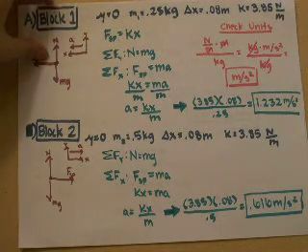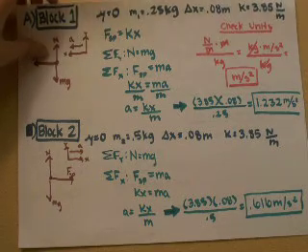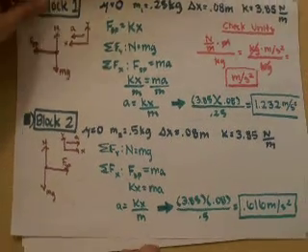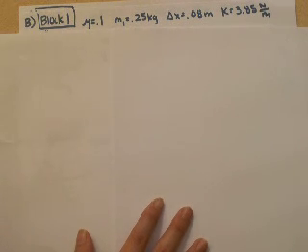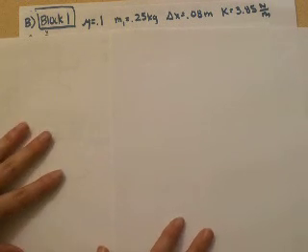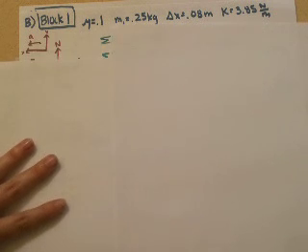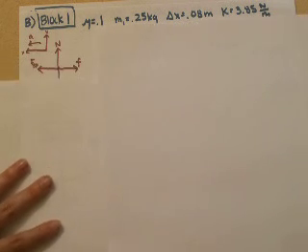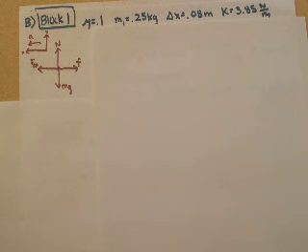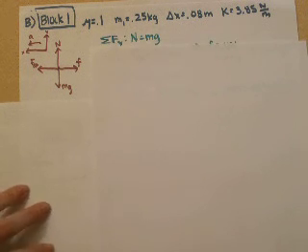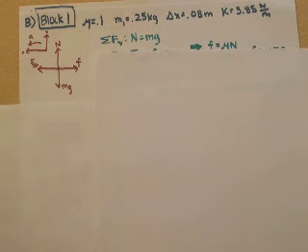Then part B asks us to do the same thing, except mu is now 0.1. So we have our givens and another free body diagram. This time we have the normal force and gravity, the force of the spring, and then in the opposite direction we have friction. The forces in the y, N equals mg.